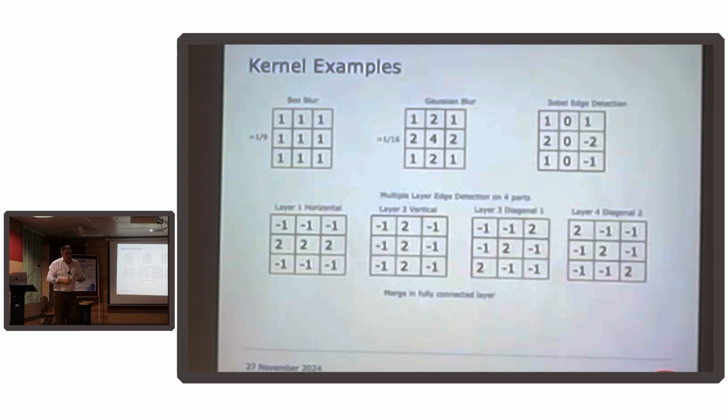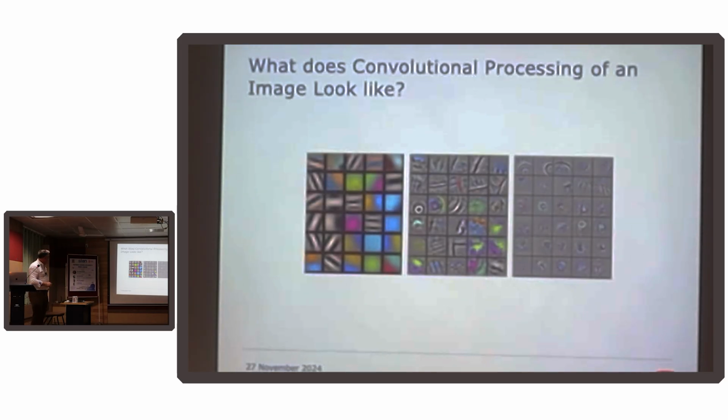So what this is doing is going through images, detecting things and encoding things. Just to illustrate what the layer output looks like, this is what a convolutional output might look like.